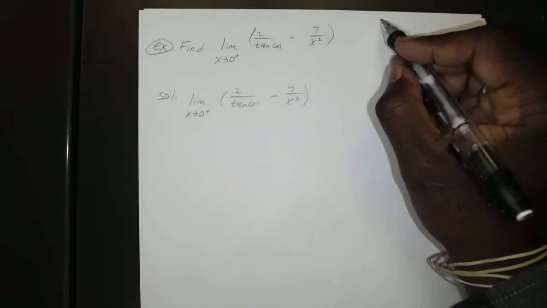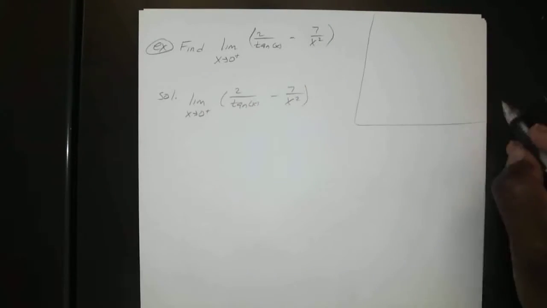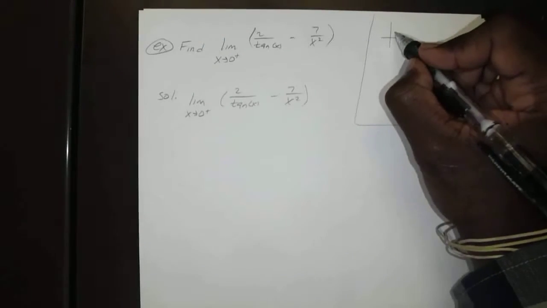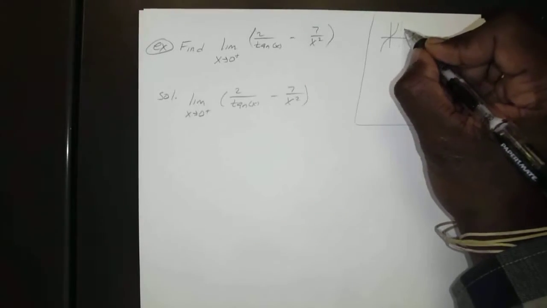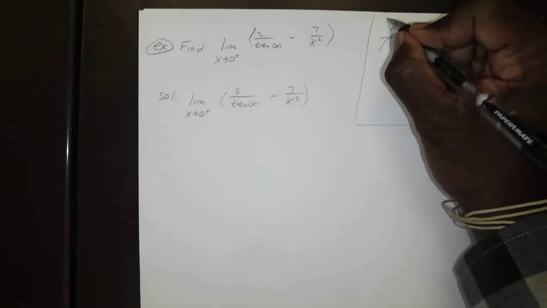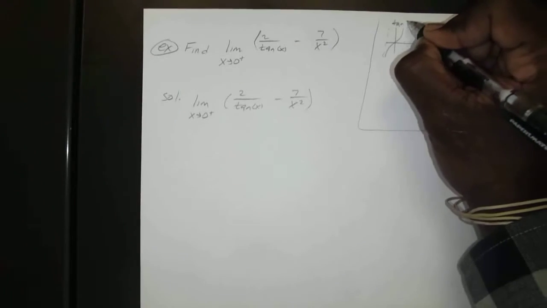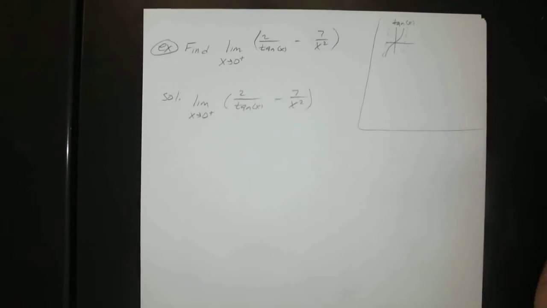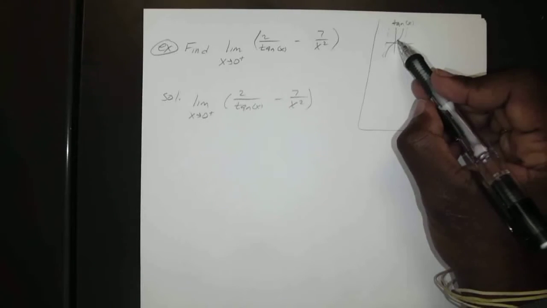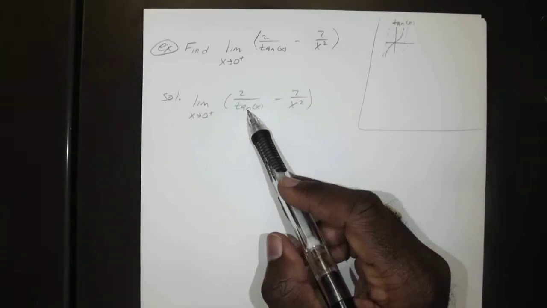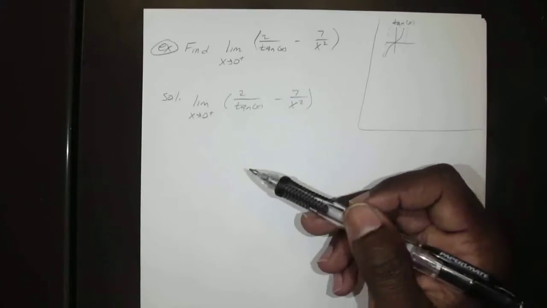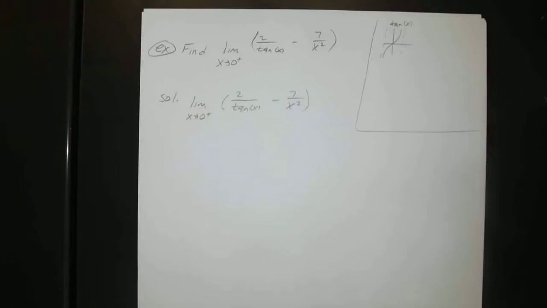Okay, so just to give a visual, let's say this is our graph of tangent of x. As you're approaching 0, closer and closer, that number is getting smaller and smaller. So if you divide 2 by 0.1, you'll get 20. Then if you divide it by 0.01, you get 200. 0.001, you get 2,000.